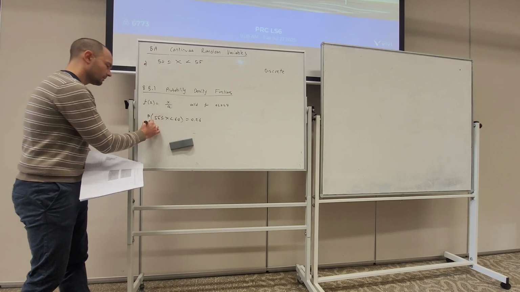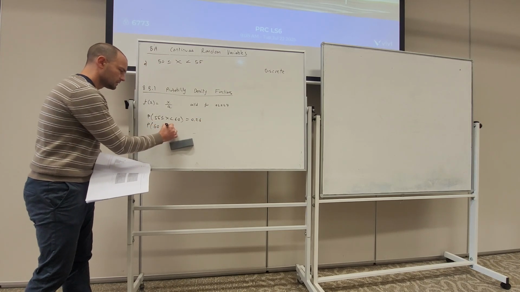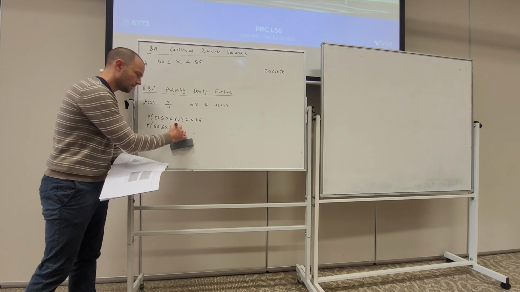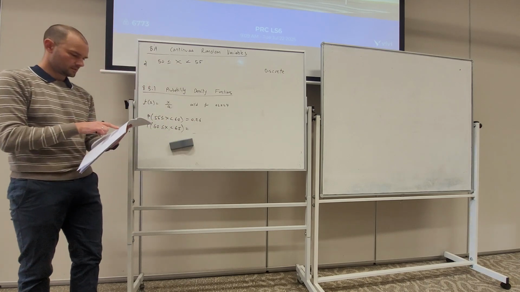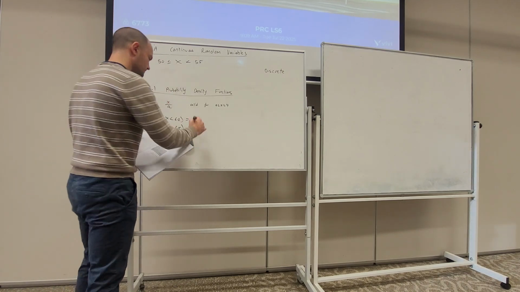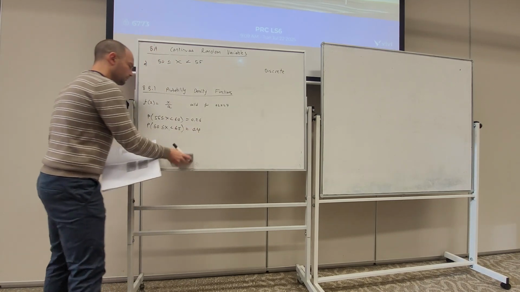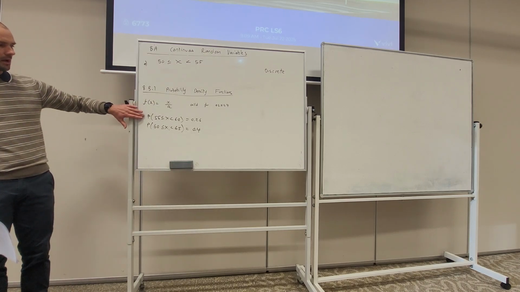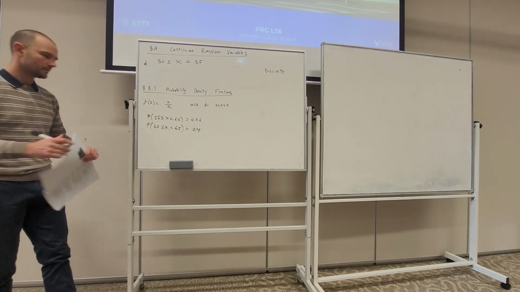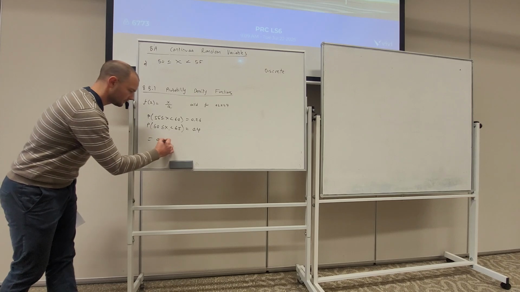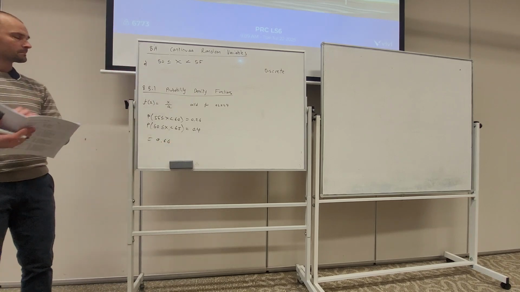And the probability of it being between 60 and 65 is 0.4, and so therefore the probability that it's between 55 and 65 will be 0.66. We're adding those two together.